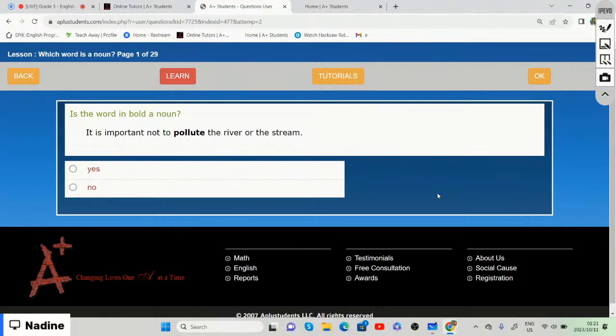We need to say yes or no. We need to say whether the word pollute is a noun or not.